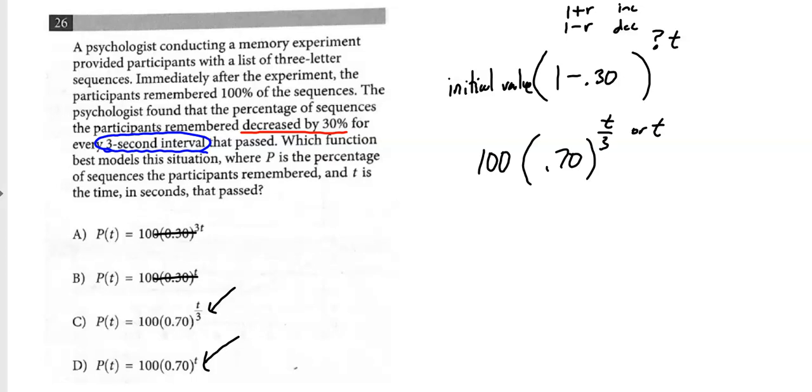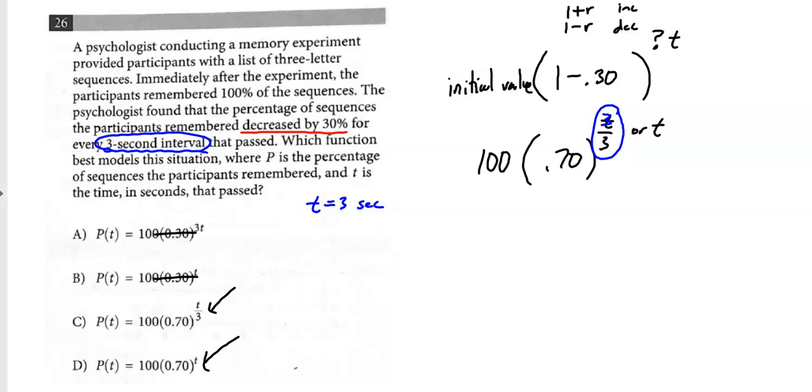So when t equals 3 seconds, that's when I get my first decrease. So I'm going to want to choose this one because when I put my t of 3 seconds in, that really comes out to just be 1. So it really comes out to I've only lost 30% one time, but it took 3 seconds to get there.